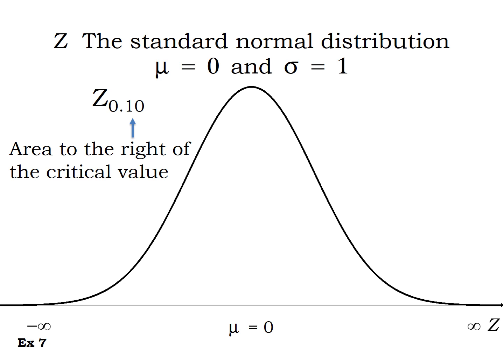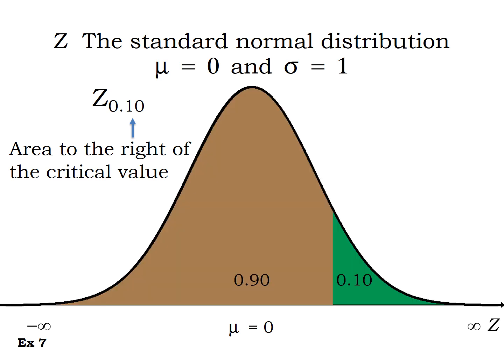So by asking you to find z of 0.10, he's essentially saying find the z-score where the area to the right of it is 0.10. Now this does mean by definition the area to the left of it will be 0.90. So this is saying find the 90th percentile.